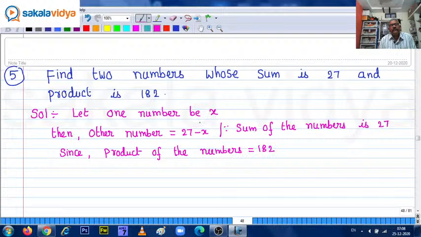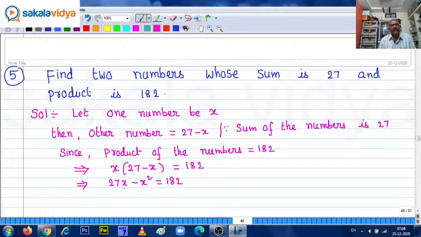That means we need to multiply these two and equate it to 182. So x multiplied by 27 minus x is equal to 182. Now we are going to frame a quadratic equation. So we get 27x minus x square equals 182.